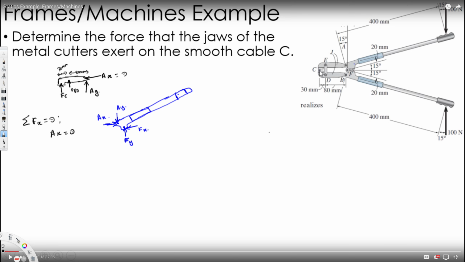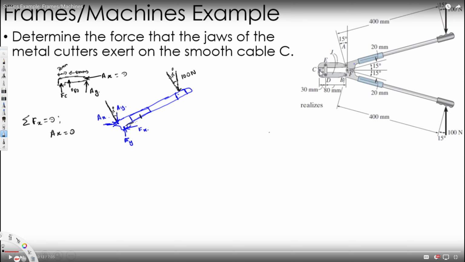Then this distance is also, this is making a 15 degree angle with the vertical. Also here we have 100 Newton, and 15 degree, and they have given this distance.